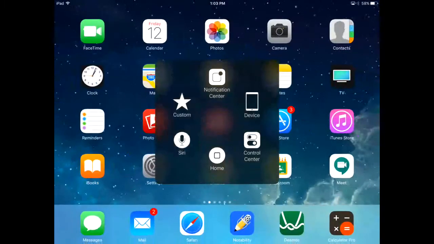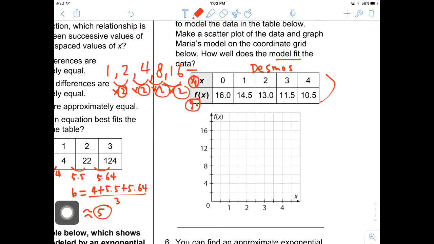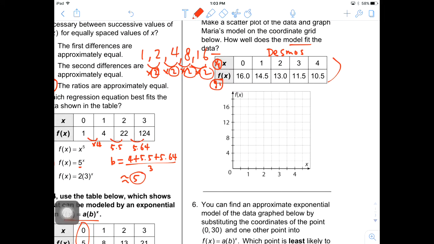As you can see, the model fits exactly on the dotted line. So that's a perfect fit. So the answer to number 5, how well does the model fit the data, is that the model fits very well to the data.